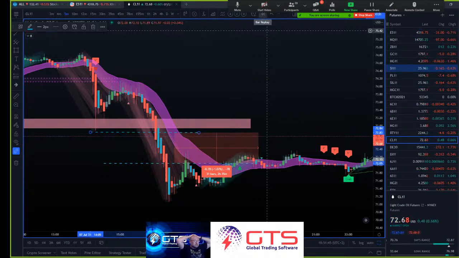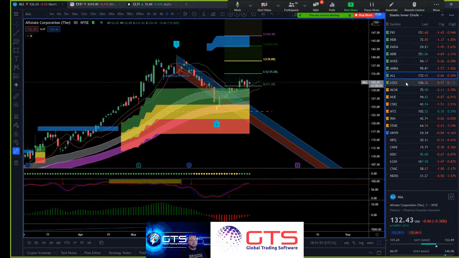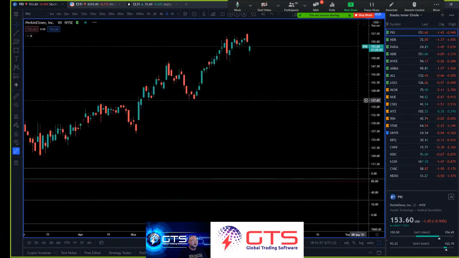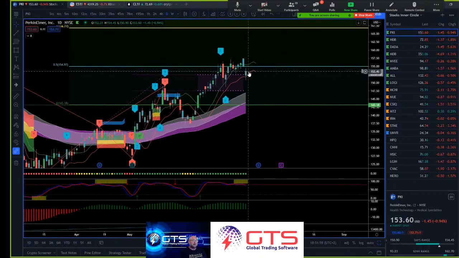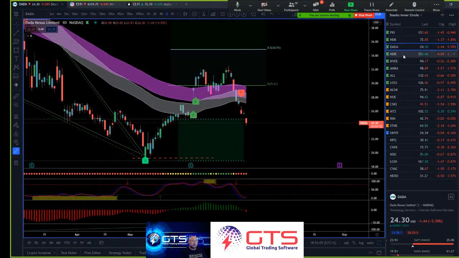Okay. So swing trading has always been my go-to for 20 years now, Vic. And swing trading at the moment is pretty slow. These are positions I've got open at the moment. I've got PKI, that's in profit by about 40% profit times risk. Got HDB, it's in a bit of loss. Dada, bit of loss.